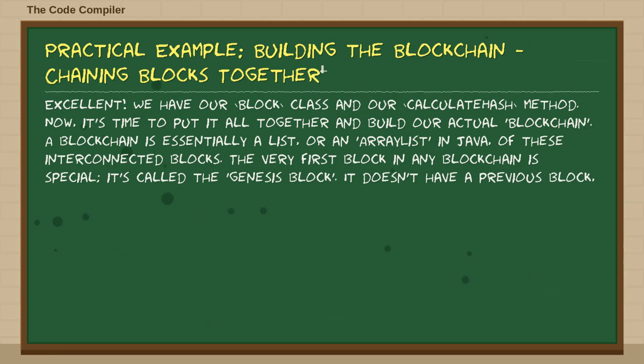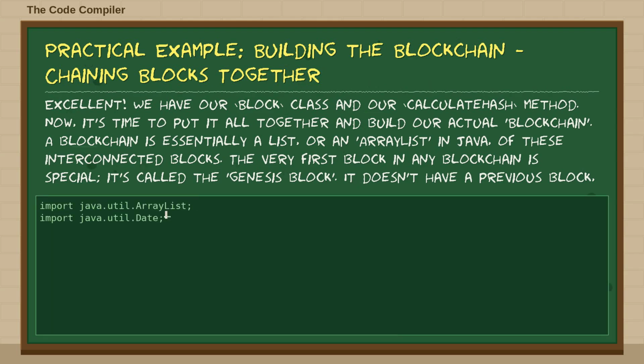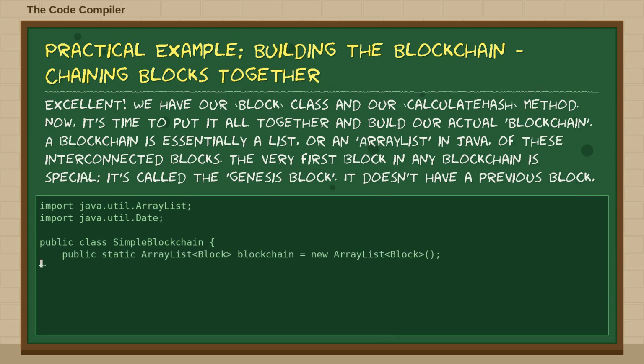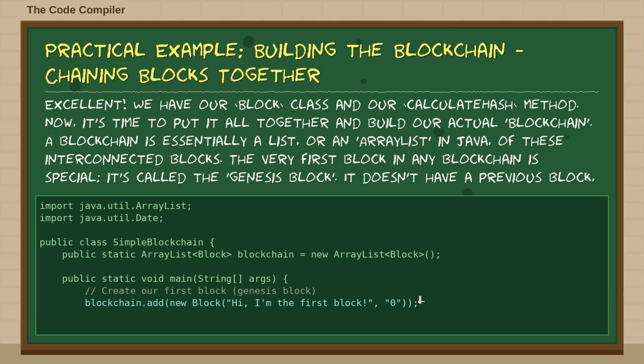We'll have a method, perhaps called addBlock, that takes new data, creates a new block with the correct previous hash from the last block in our chain, calculates its own hash, and then adds it to our list. This is where the chain part of blockchain truly comes alive, linking everything securely.